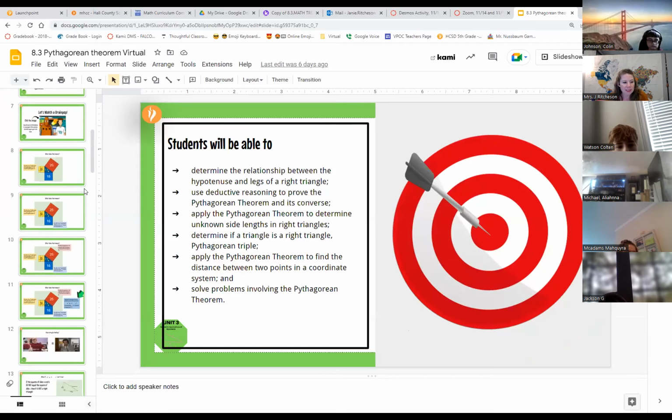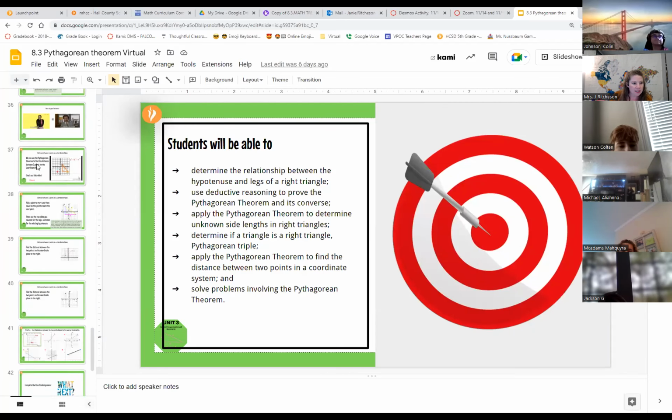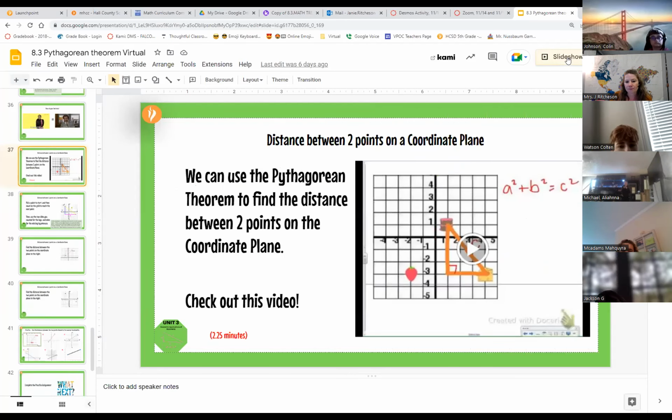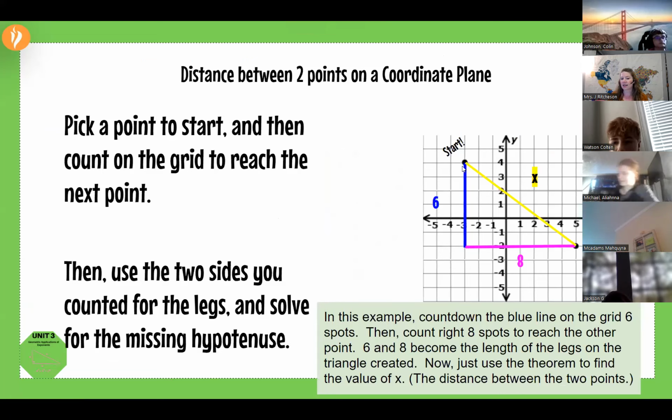All right, let me get back down to where we started, and we have some practice examples to look at, some practice problems. All right, so here we have a triangle. So you can easily count the distance of horizontal lines and vertical lines.